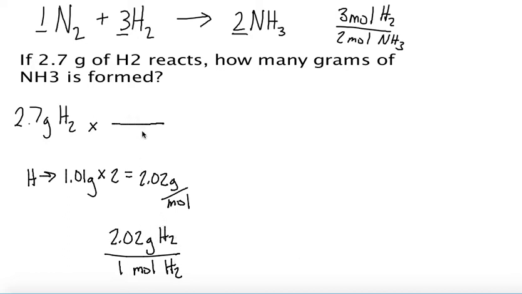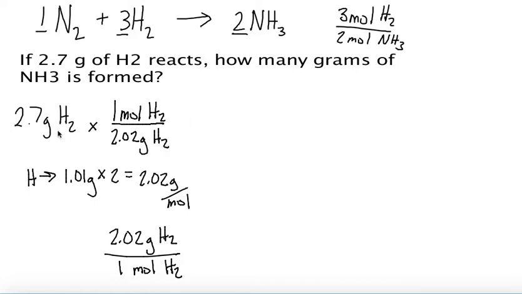And then we ask ourselves, well, I could put 2.02 grams on top, or I could put 2.02 grams on the bottom and have 1 mole on top, or I could flip it around. Well, I want to get rid of grams. I'm trying to convert into moles. So I'm going to put moles on top because what I want goes on top. So it's going to be 1 mole of H2 for every 2.02 grams of H2.